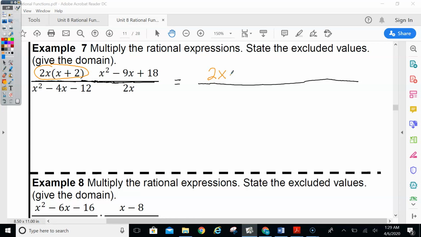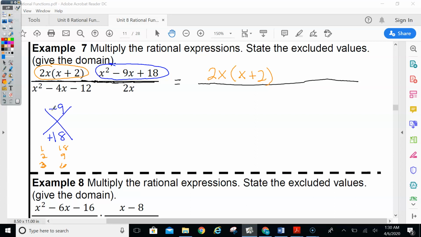2x stays there, x plus 2. For the second one, we're going to have to set up an x for this one. So we have positive 18 to get negative 9. So 18, 1 and 18, 2 and 9, 3 and 6.